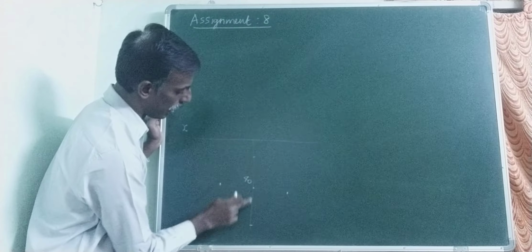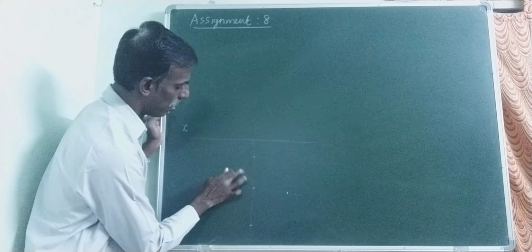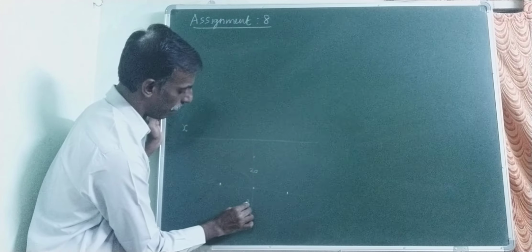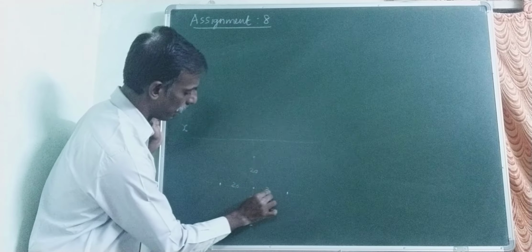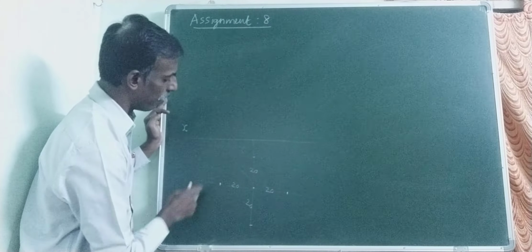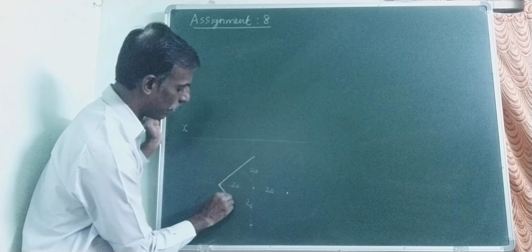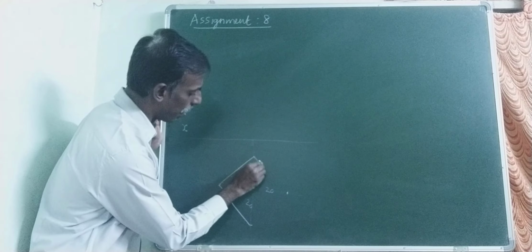The base diagonal is given as 40, so this vertical diagonal will be 40 and the horizontal diagonal will be 40. Now we are getting the true shape, the top view of the square.